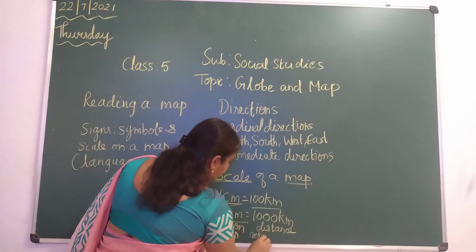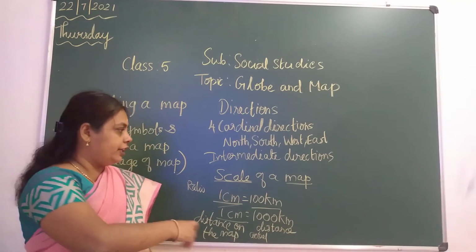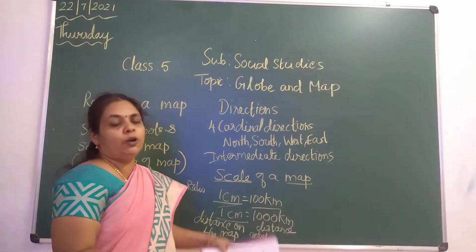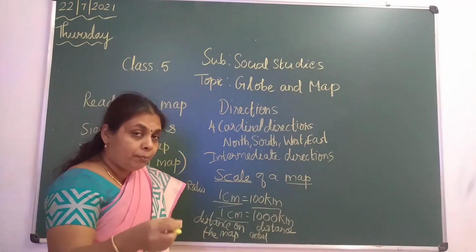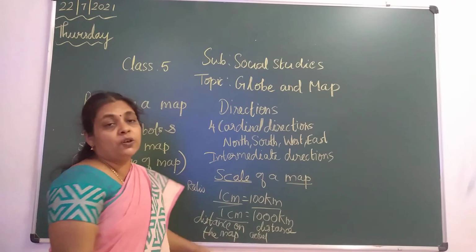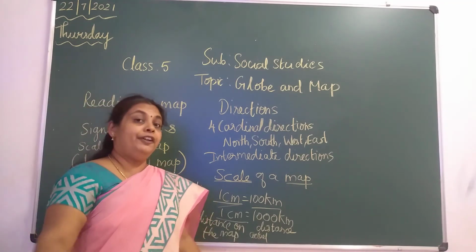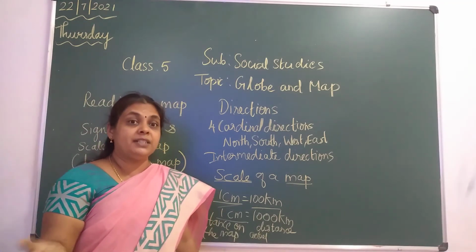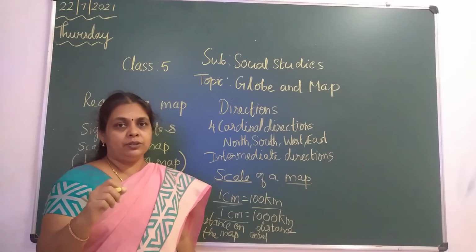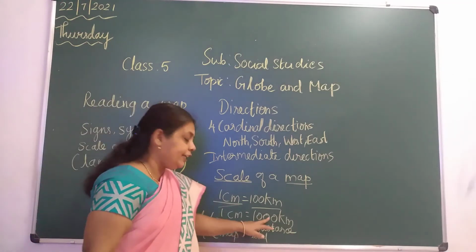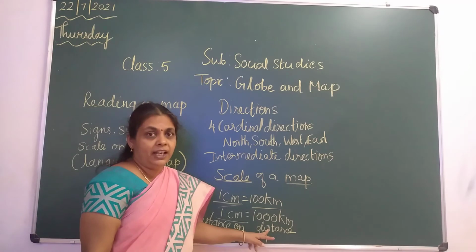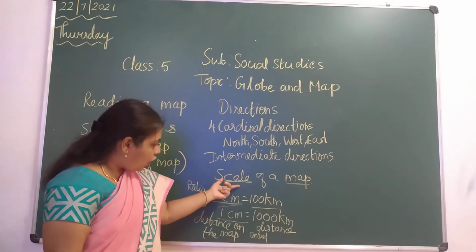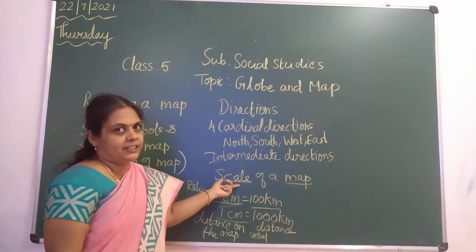So if on earth it is 1000 kilometer, on your map you can show it as 1 centimeter. If it is 8000 kilometers, then 8 centimeter. So you are reducing it, children, to show it on the map. This is called scale, children.